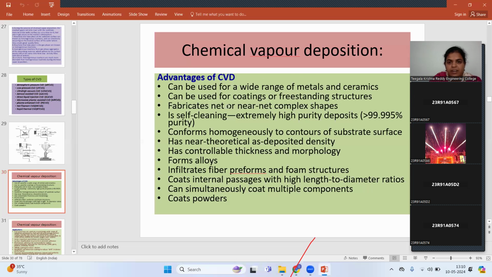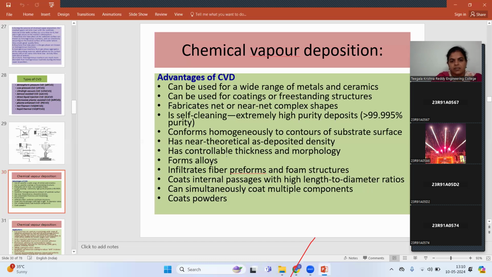And here, advantages of CVD. It can be used for a wide range of metals and ceramics, for coatings or freestanding structures, and to fabricate net or near net complex shapes. It is self-cleaning, gives extremely high purity deposits, and conforms homogeneously to the contours of the substrate surface.